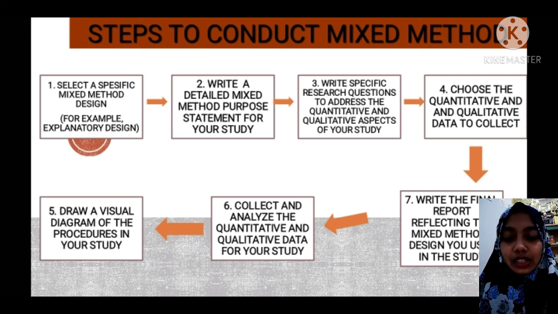The sixth is collect and analyze the quantitative and qualitative data for your study. In collecting the data, it depends on the type of mixed method that we choose. Okay, the last is write the final report reflecting the mixed method design we used in the study.